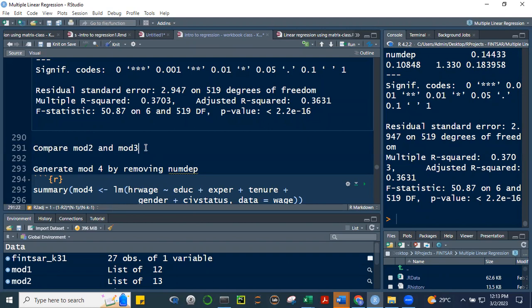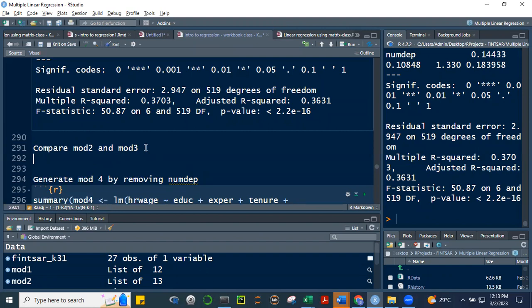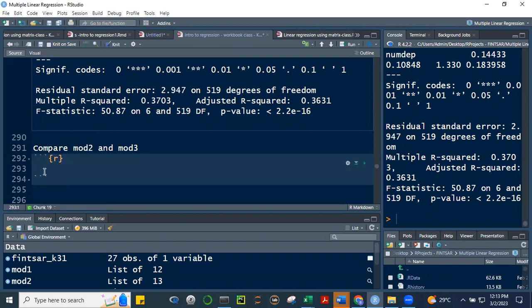So bakit pa tayo pupunta ng model 4 kung when comparing model 2 and model 3, mas okay si model 2. So ANOVA tayo, ANOVA, model 2 and model 3. Actually kahit pagbalik ta rin yun, it doesn't matter. So let me put here model 3 and model 2. Doesn't matter. Ang default pa rin yan, model 1 and 2.